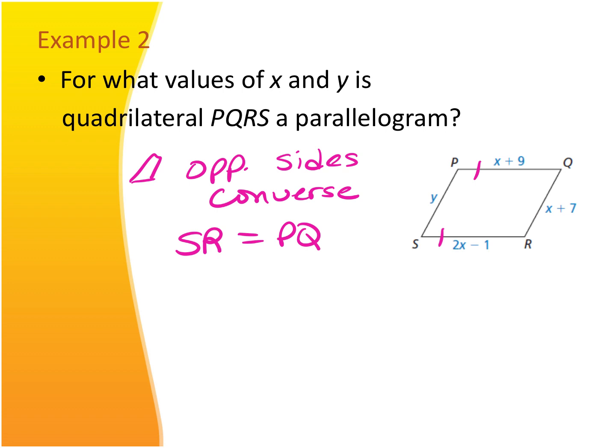So SR is 2x minus 1, PQ is x plus 9. This is what I'm going to be using to find x.